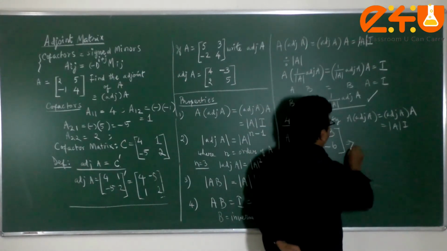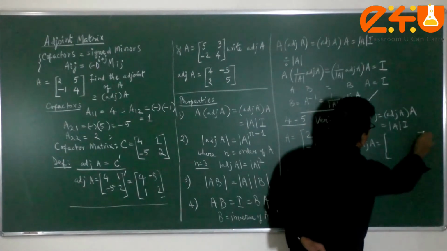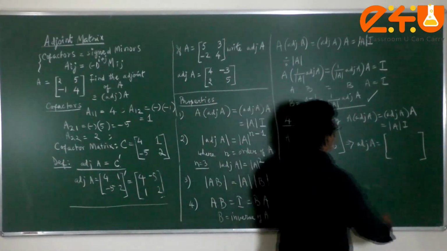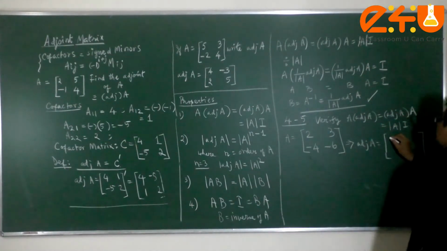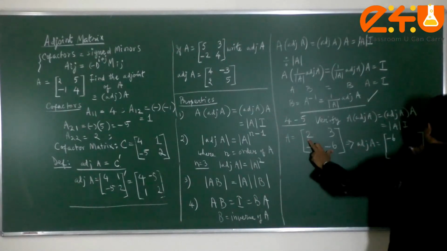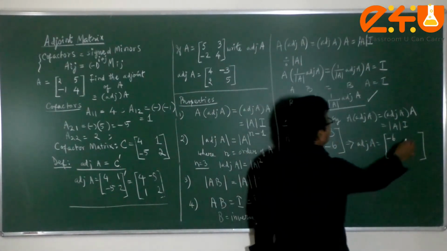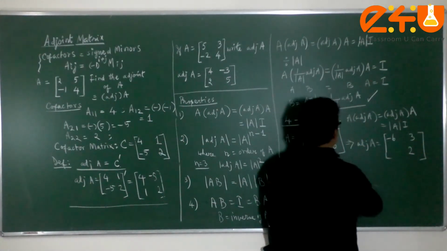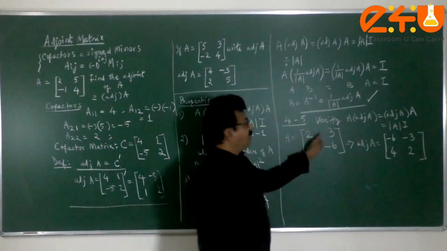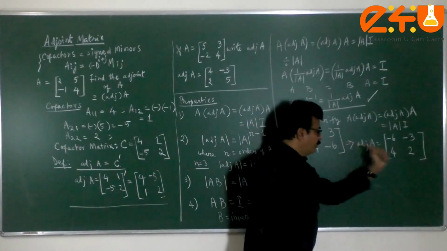Given 2 by 2, you can directly write its adjoint matrix by interchanging the diagonal elements. 2 and -6 are the diagonal elements, which after interchanging becomes -6, 2. The other elements 3, -4, the sign has to be changed. So 3 becomes -3, -4 becomes 4.